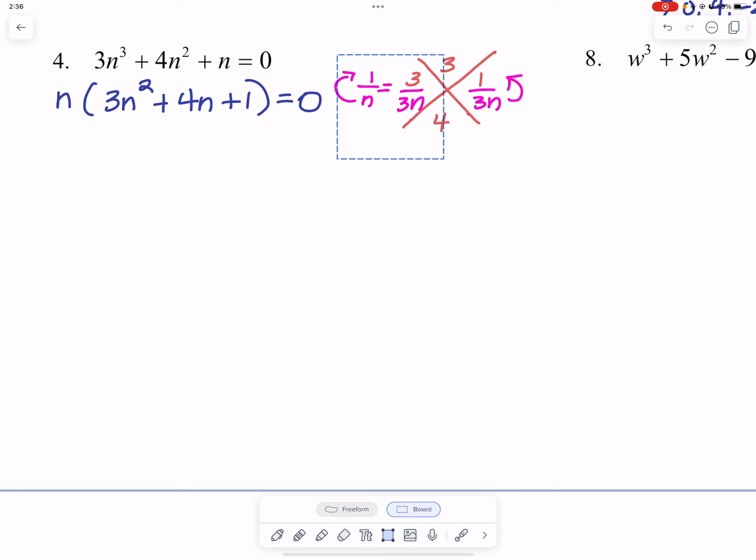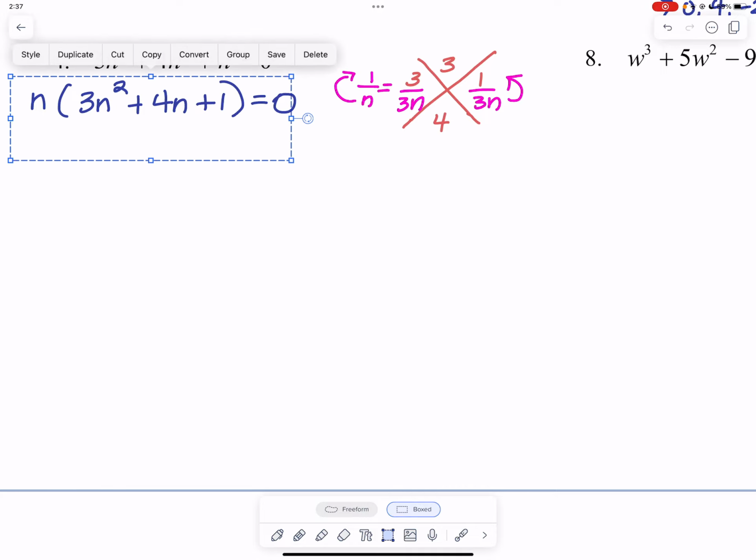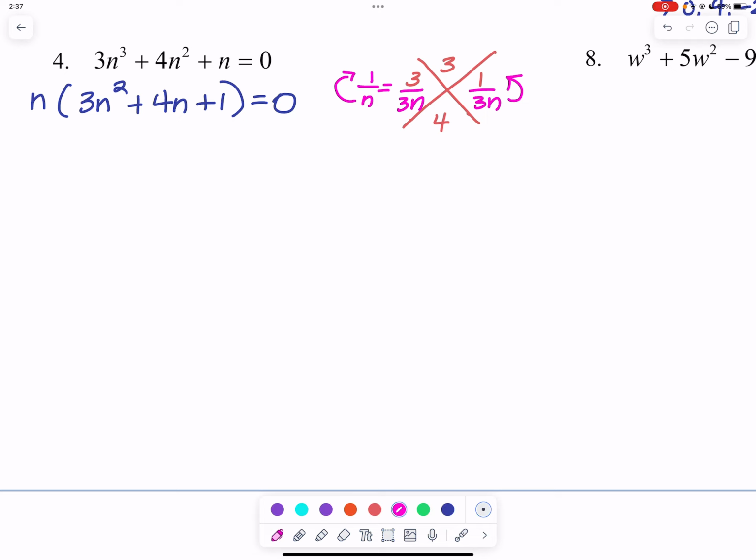And as you can see, let's move this over a little bit. There we go. As you can see, we now have n times (n plus 1) multiplied by (3n plus 1).